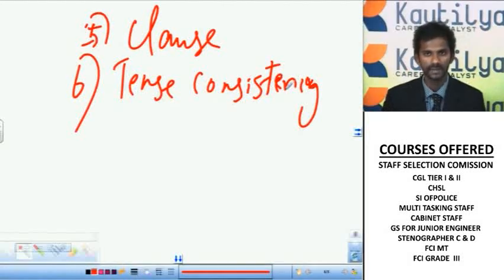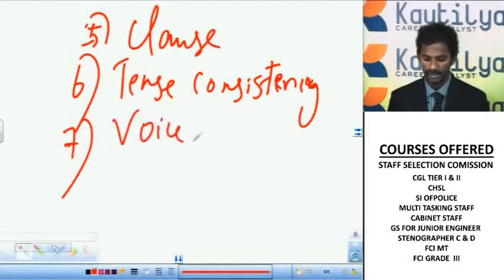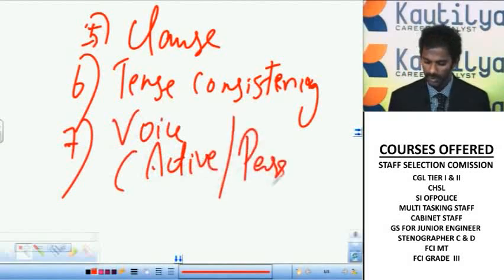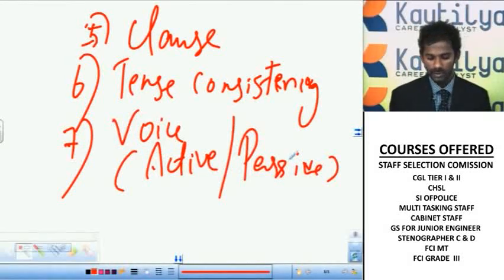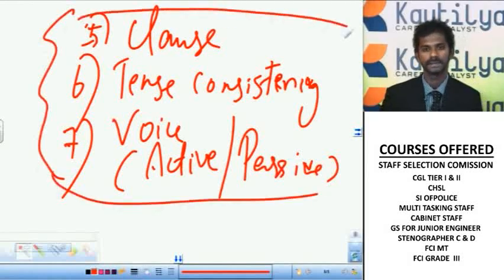We discussed in detail with examples. 6th concept is tense consistency, and the last concept is voice. Voice in the sense active voice or passive voice. I have told you about voice as well while doing tenses and while doing pronouns. Clear? Now these 3 concepts must be taken together. Clause, tense consistency and voice must be taken together. Right? I'll tell you what they are.